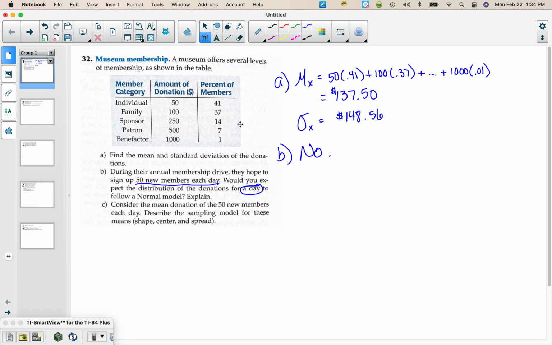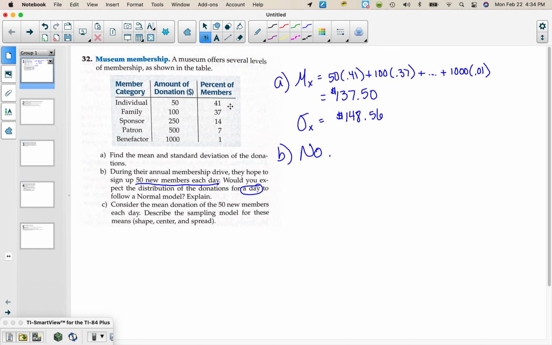I would expect that day to kind of follow this up here. So I would expect maybe 41% of the people would choose the individual plan. I probably won't even get a benefactor out of only 50. I might, but there's a good chance I won't get one of those because it's so unlikely.